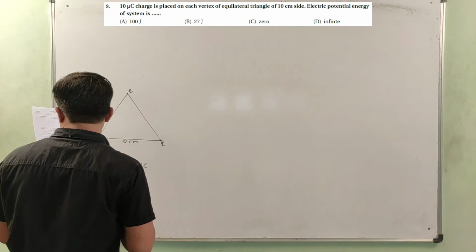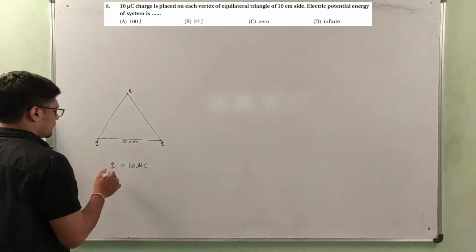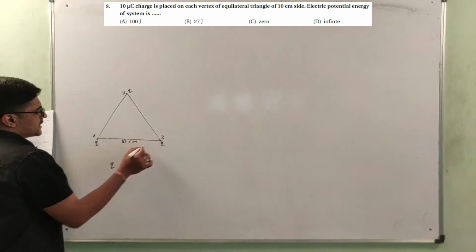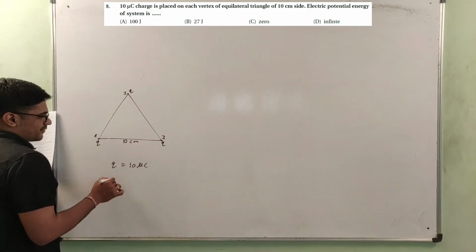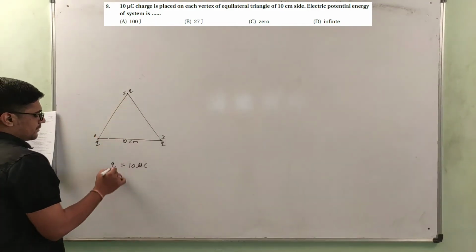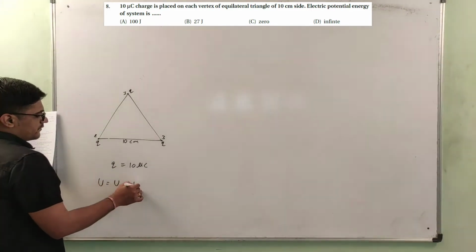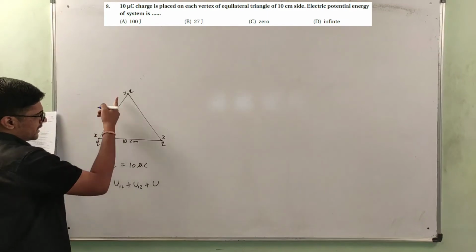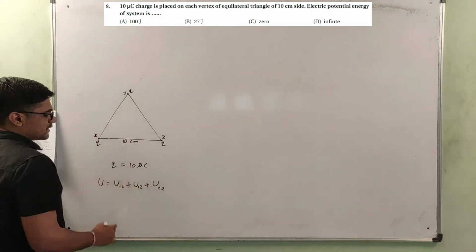Find the electric potential energy of this system. To calculate potential energy, make pairs of these charges. Make a pair of 1 with 2 and 1 with 3. Now for 2, it is already paired with 1, so make a pair with 3 only.